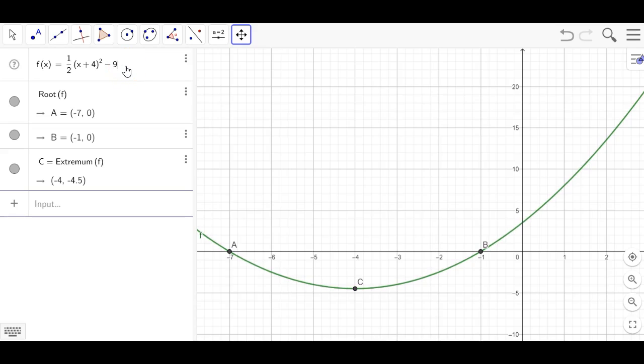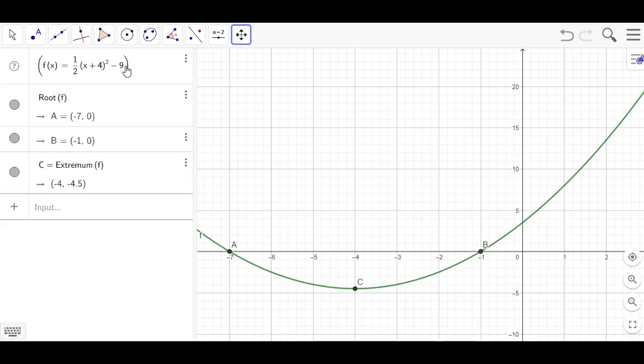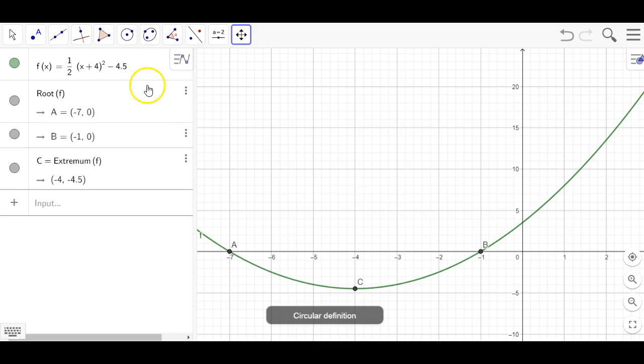Put this in 9, and then I will open that parentheses like that. I just don't really want to get rid of that parentheses there. I'll hit enter. Yeah, there it is. So f of x equals 1/2 (x plus 4) squared minus 4.5.